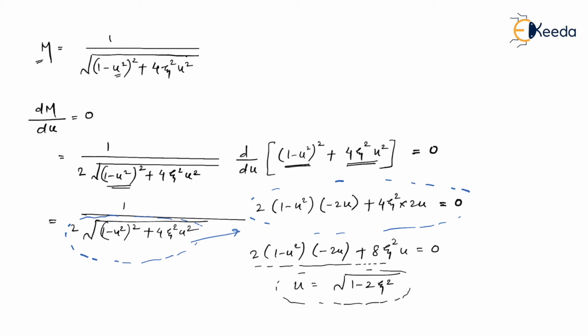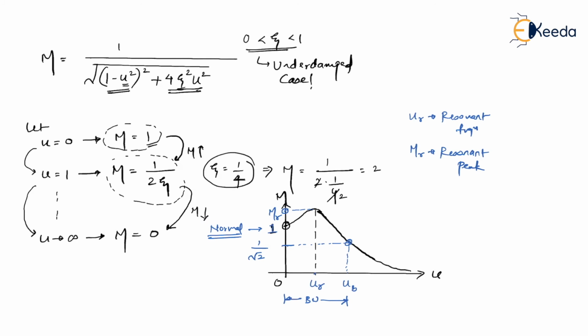Since you have taken the maxima concept, the value of u you are getting would be related to resonance. Therefore you will have this value as u r. As you can see, m is a function of u. Check it out, we have this curve.